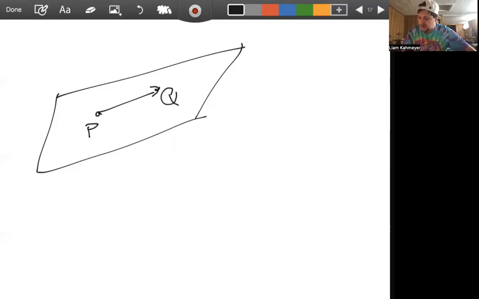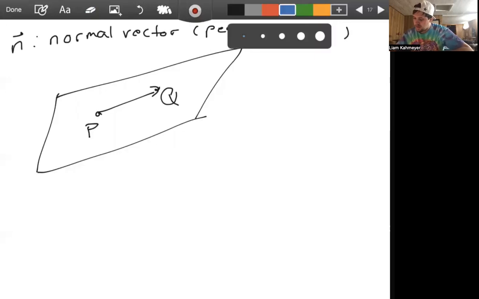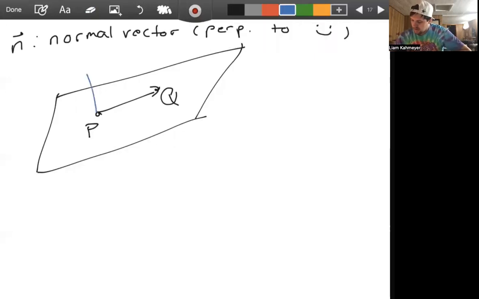So let's let N denote a normal vector. And this means that it's perpendicular to the plane, which we're calling smiley face, right? And so our normal vector, if it's true that this vector is perpendicular to the plane at every point, well, then it's certainly perpendicular to the plane at point P. Now, let's give this normal vector a description and coordinates.